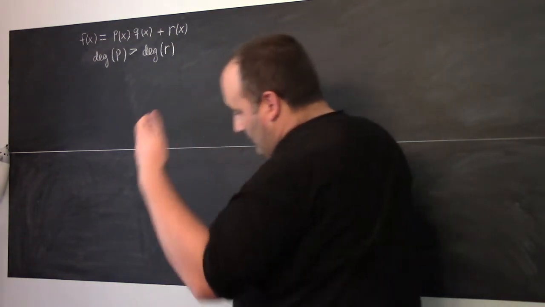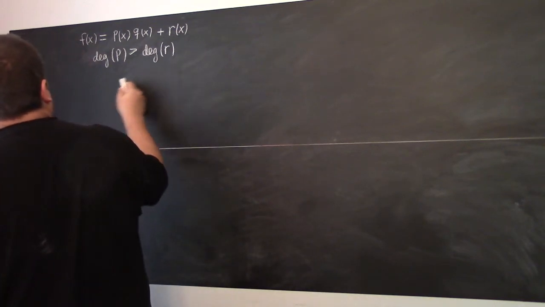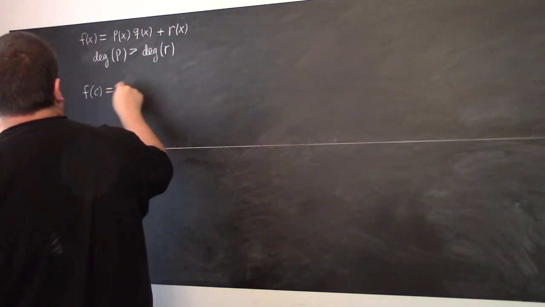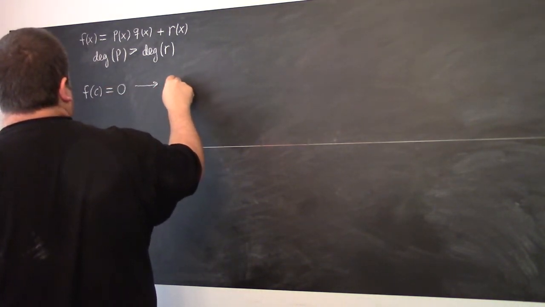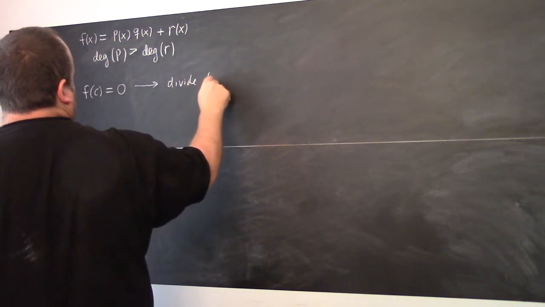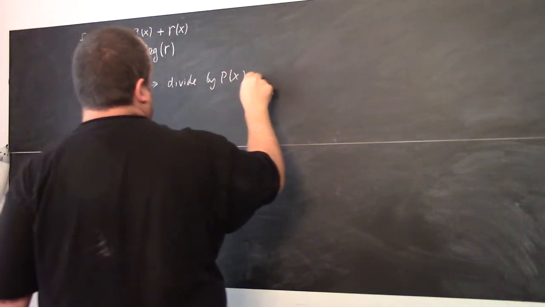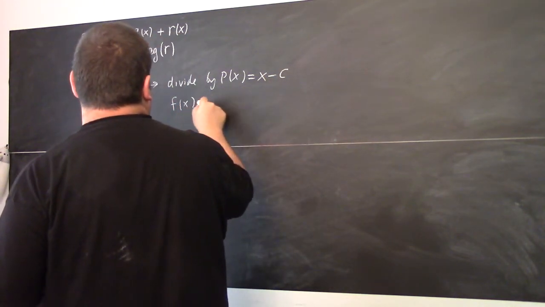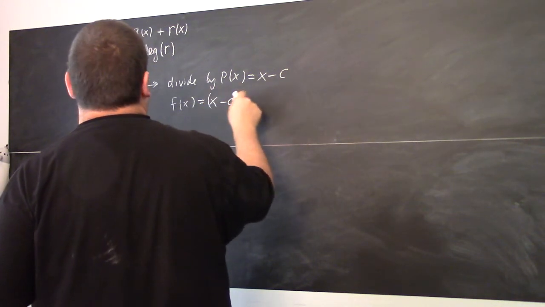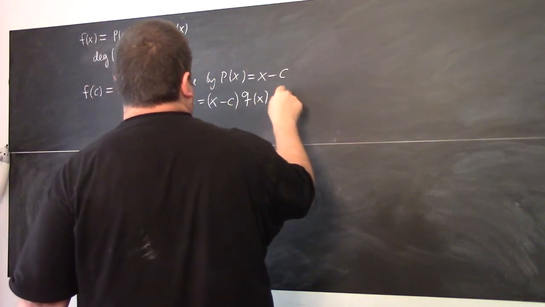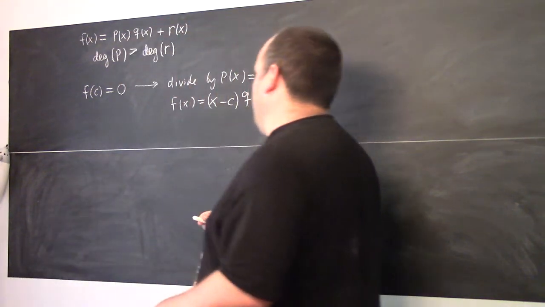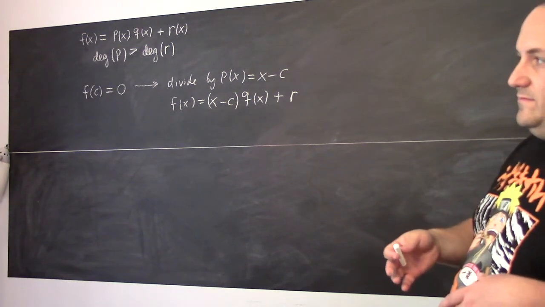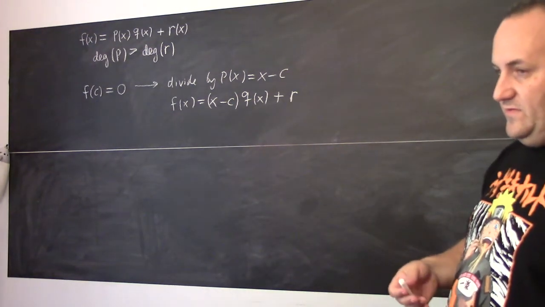So if f of c equals 0, then divide by p of x equal to x minus c. That would give you f of x equal to x minus c times some q of x, plus the remainder term. Suppose f of c is equal to 0.